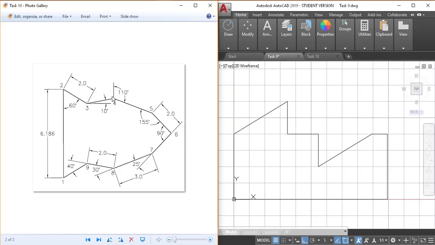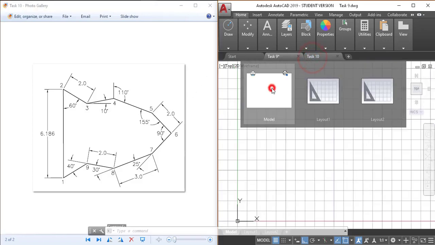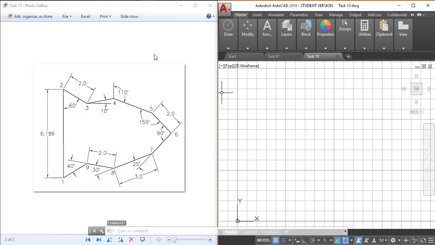In some cases the angles are given with respect to the positive x-axis, but in other cases some of the angles are given with respect to the positive y-axis and some angles are given with respect to different lines. So we have to analyze this drawing to finalize which coordinate system is most suitable for this sort of drawing.